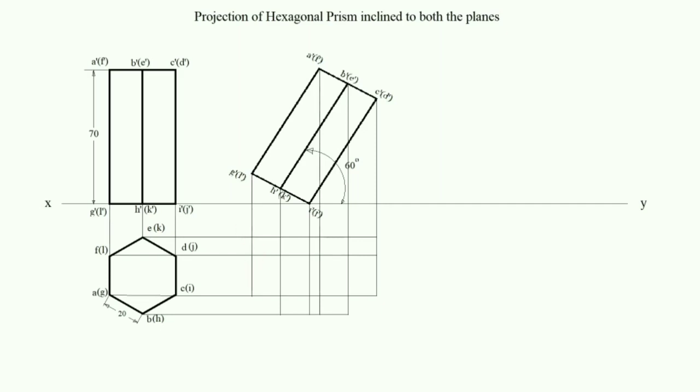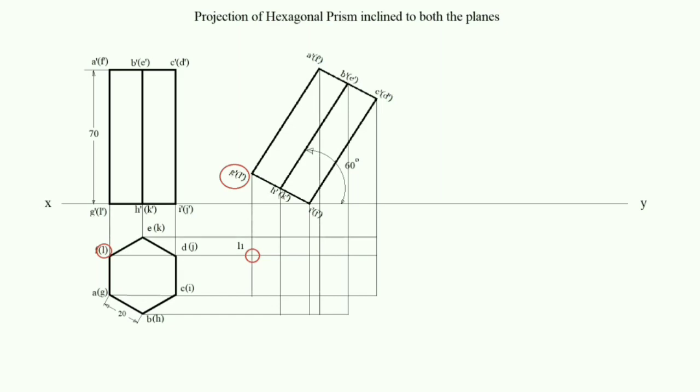For example, there is G and L. From the front view and from the top view, there is L here. This is the point L. The intersection point is here, so that will be L, and we will name it L1.